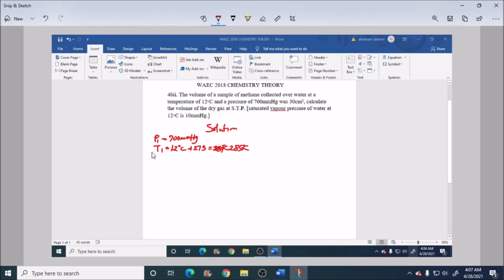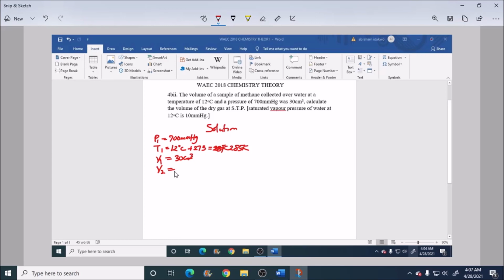Then from the first statement again, we have the volume, that is our V1, is equal to 30 centimeter cube. Then they ask us to calculate the volume, that is V2. We have to calculate volume 2, the volume of the dry gas at STP.